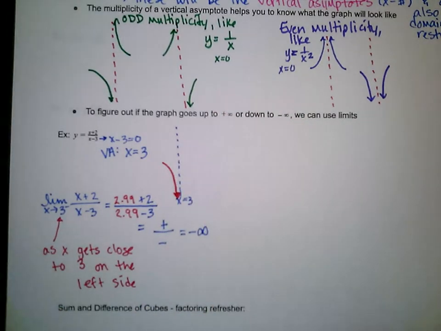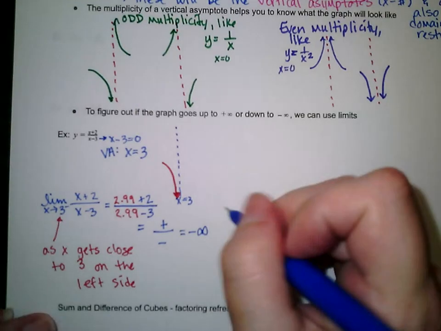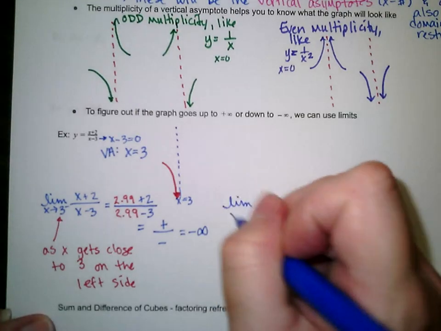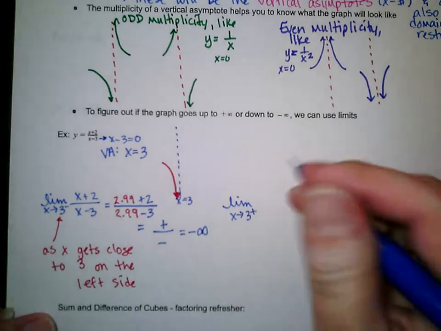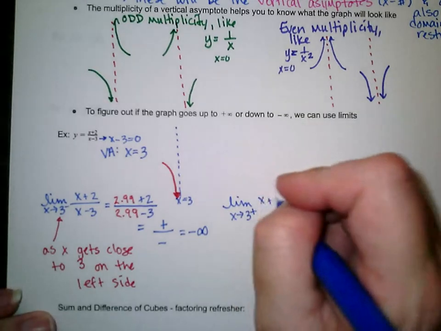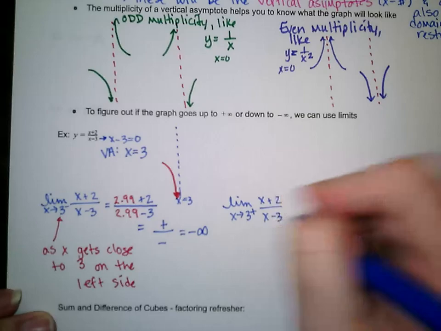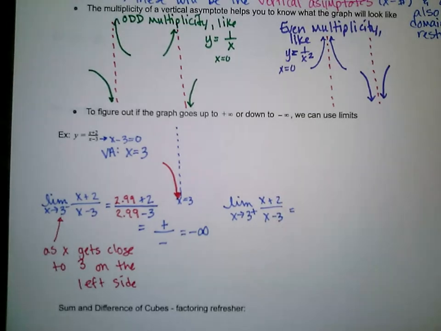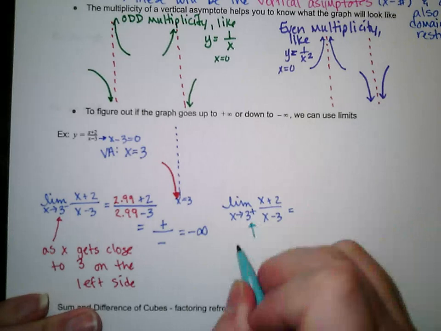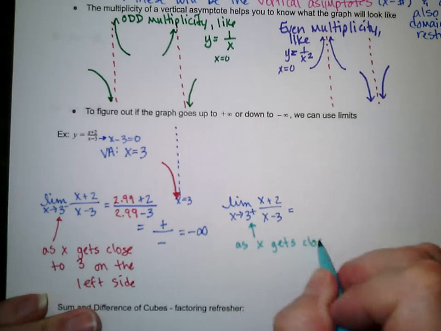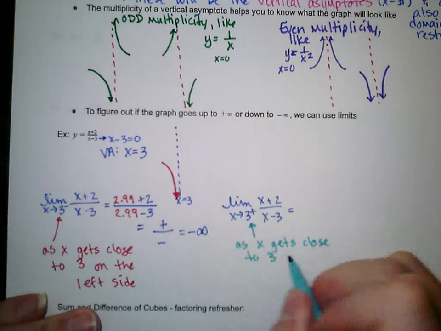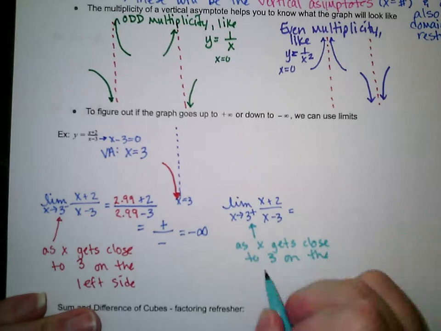And then I do the same thing on the right-hand side. So I'll look at the limit as x approaches 3 from the right of my function x plus 2 over x minus 3. So this guy means as x gets close to 3 on the right side.